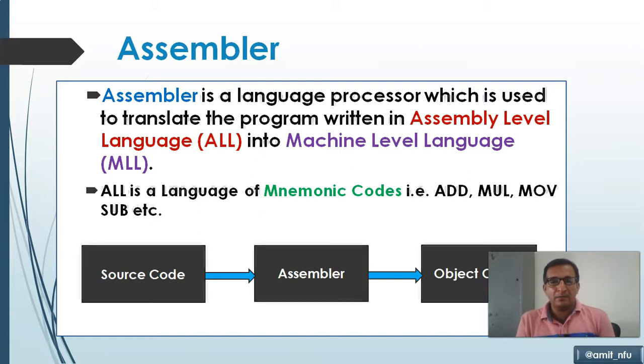For multiplication, you can go for MUL. For subtraction, you can go for SUB. So these are a few things which were provided in the assembly level language. These codes are called mnemonic codes, and the purpose of the assembler is to convert the source code, which is in assembly level language, into the object code. Object code is basically binary language.